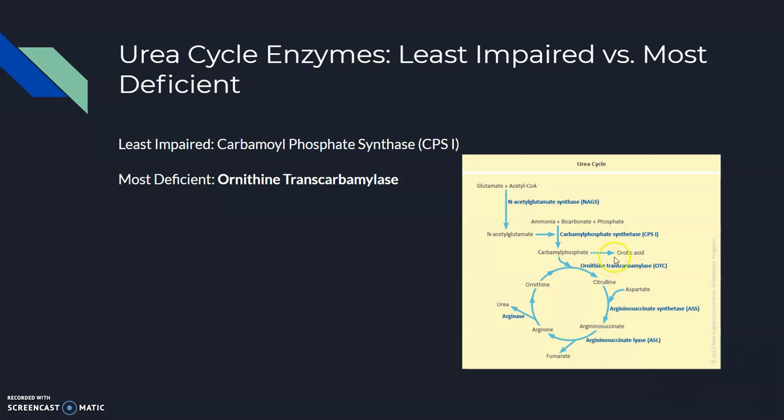And the least impaired would be CPS1. This is because there's nothing affecting it from this half of the cycle. It's only when OTC comes in, there's no way to get carbamoyl phosphate to citrulline. So this would be the least impaired, and this would be the most deficient.